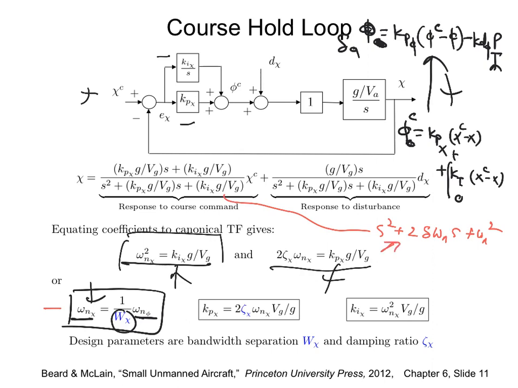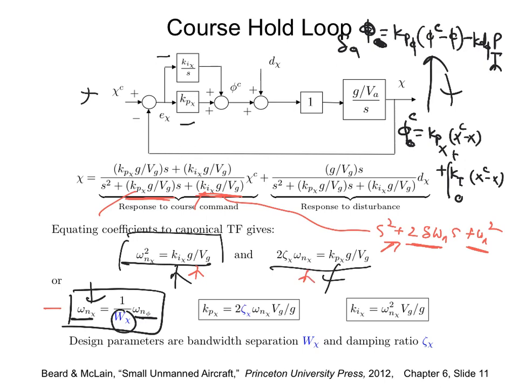So we are comparing coefficients. This equals 2 zeta omega n, and this equals omega n squared. You compare these and you can compute the values of kpx and kix. When you compare, you can write these equations.